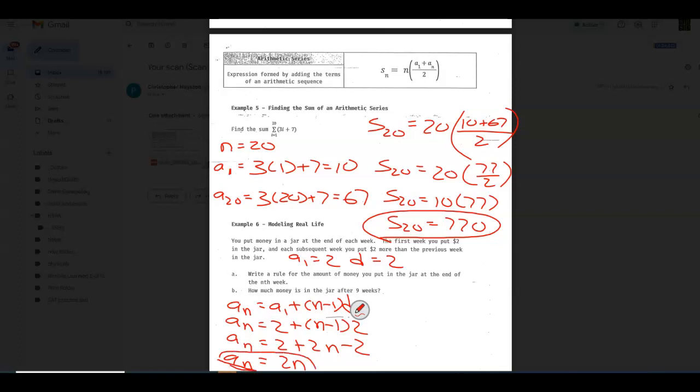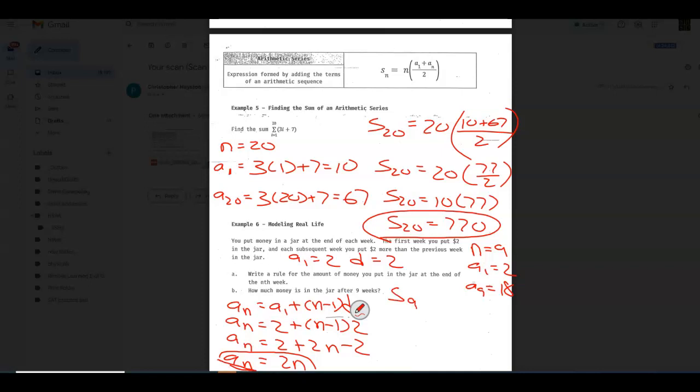Now, if I want to know how much I have after 9 weeks, my n is going to equal 9. My a_1 is still 2. And my a_9 is going to be 18, 2 times 9. And then I use my sum formula.